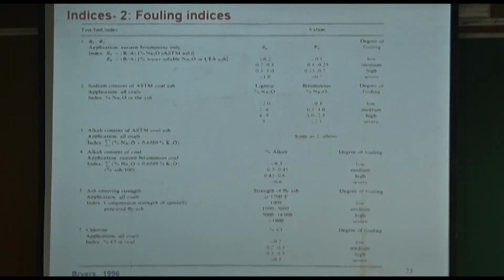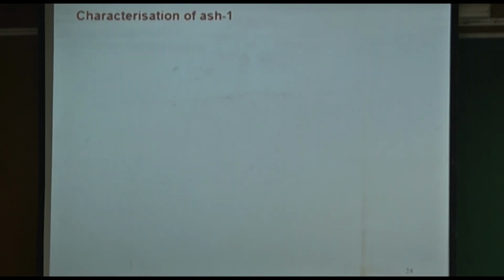One is either get rid of the minerals as much as possible, if economics justifies, during the coal preparation stage, during washing, etc., or manage it during operation. Then the characterization of the ash fusibility, as I said, the ash fusion temperature measurement.